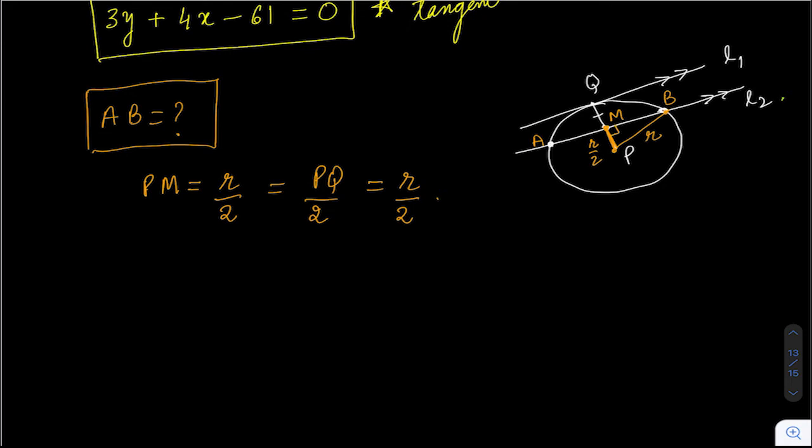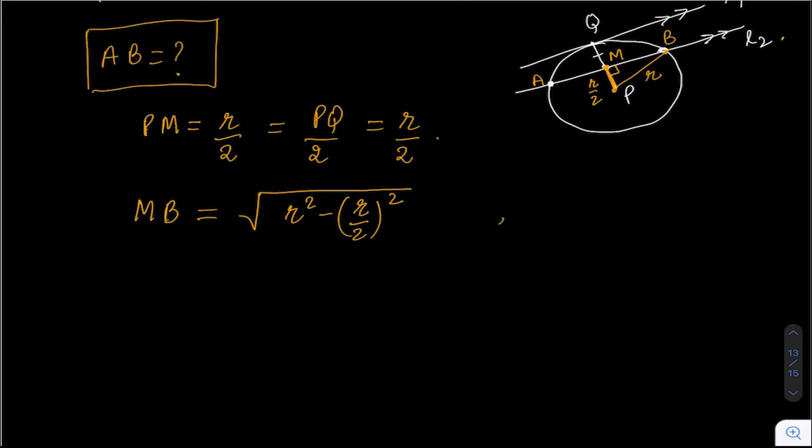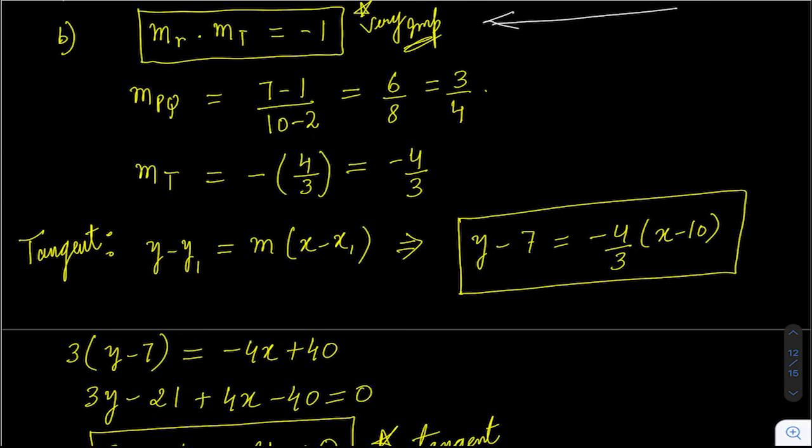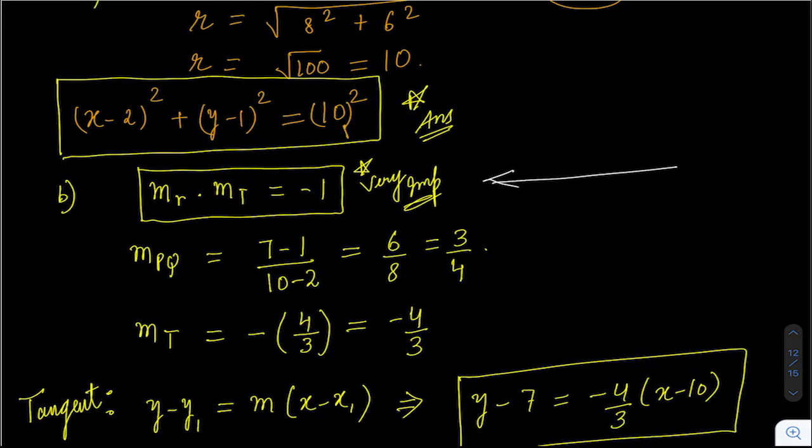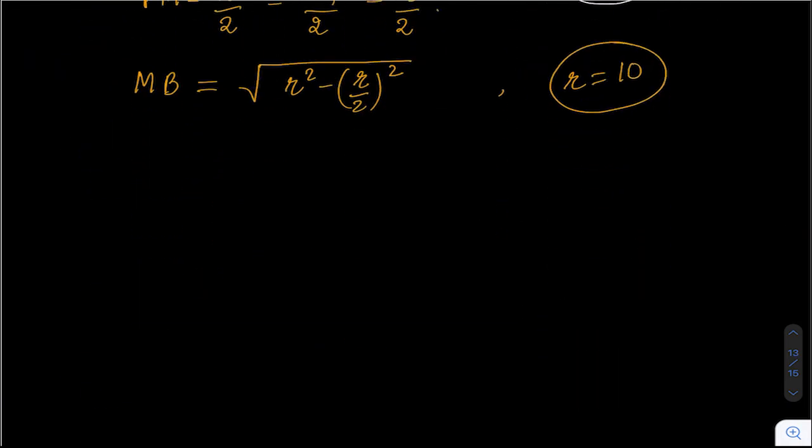And we know this is a right angle. So I can use the Pythagoras theorem in this, and I can directly write MB equal to the square root of hypotenuse square minus the perpendicular square. I already know the radius of my circle is 10, because we found it here.